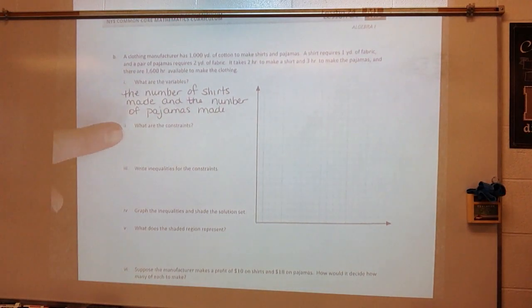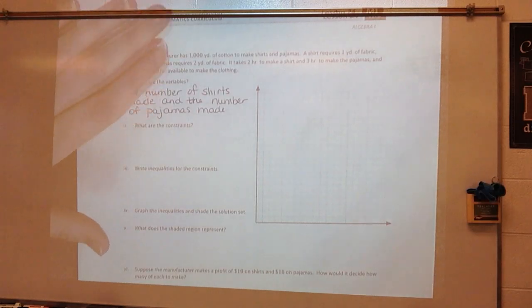Now, let's talk about this next thing. It says, what are the constraints? Constraints are things that cause us problems. And not necessarily problems, but things that could end up causing us problems if we don't think about them and put them into play when we are looking at this. So, one of those constraints would be the fact that they only have 1,000 yards of material.